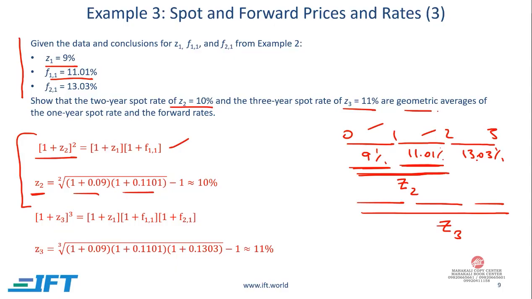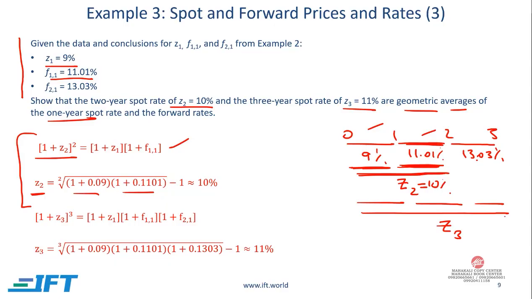So it's the geometric average of the 1-year spot rate and this forward rate. And I hope you recognize that Z2, which is 10%, lies roughly in between the 1-year spot rate and this rate. And this again shows that Z2 is a geometric average.